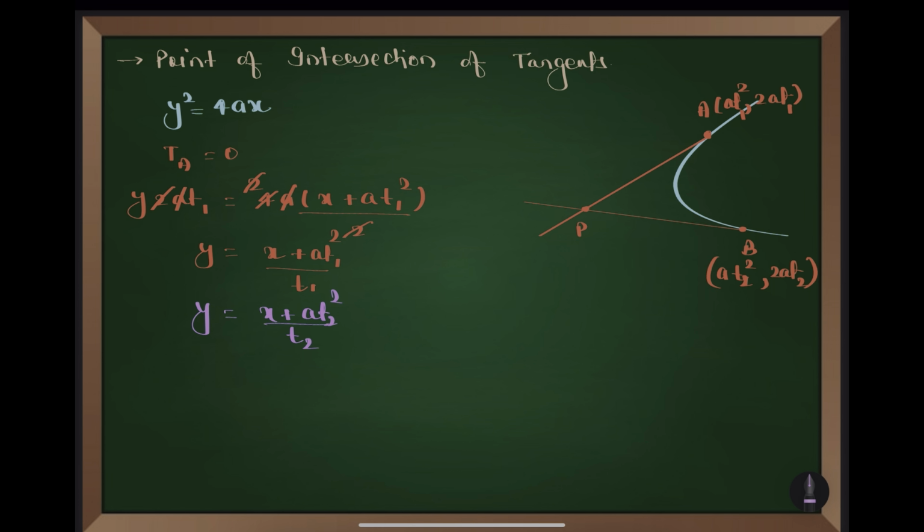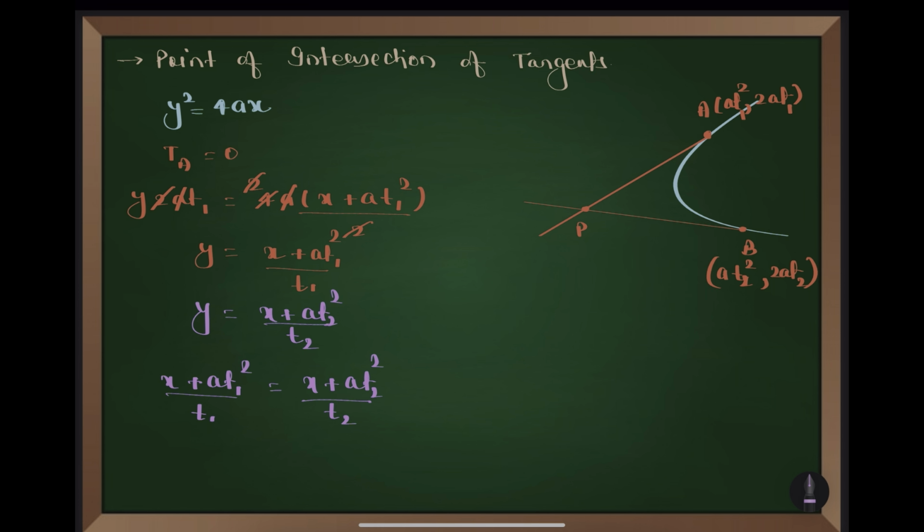Now look at this, how we will get the point of intersection. The point of intersection will be (x, y), correct? So I have to solve these two straight lines. Y is equal to that, y equals to this. So I'll equate them: (x plus at1 square) by t1 is equal to (x plus at2 square) by t2. Now I'll go with cross multiplication, and I'll keep the x part on one side.